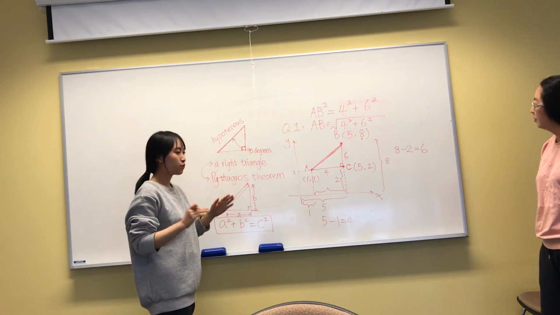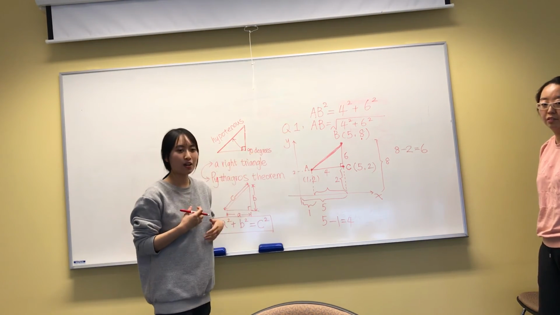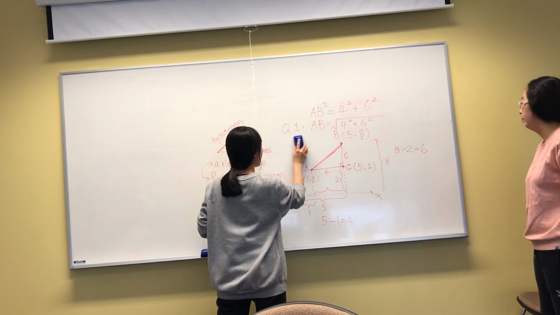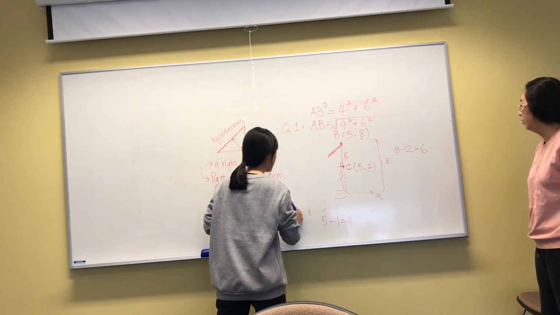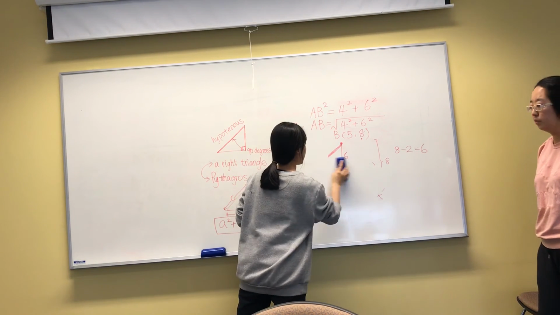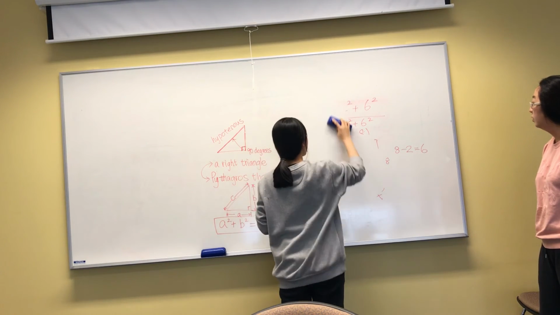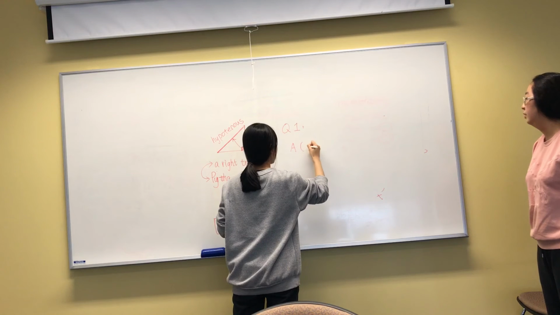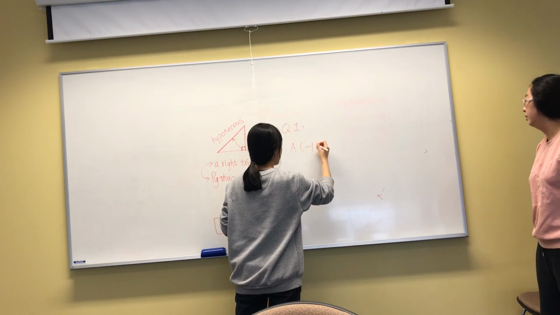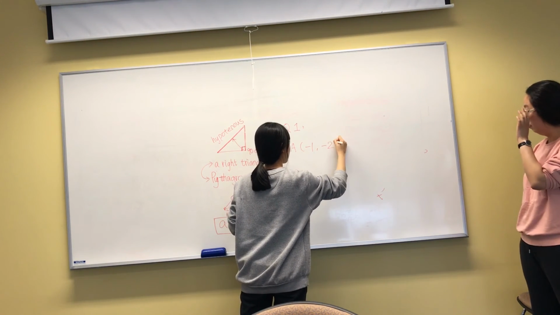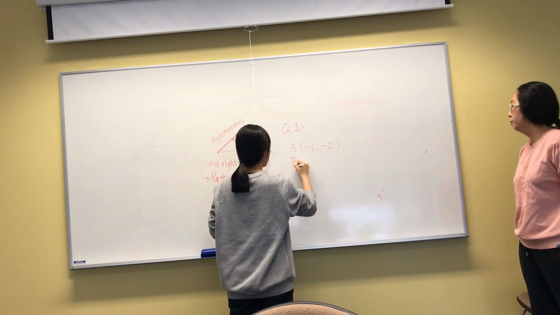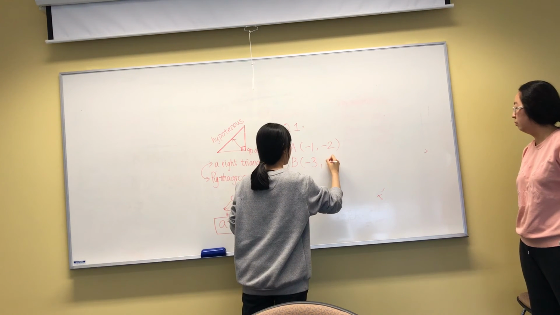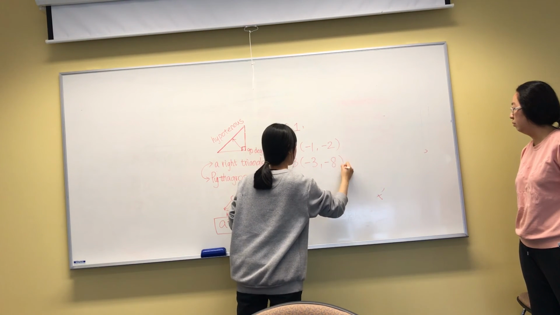Now, you've worked out this question with my help. Now, I'd like to give you the second question to see whether you can work it out yourself. So now I will give you 2 points as well. Point A is (-1, -2), and point B is (-3, -8).